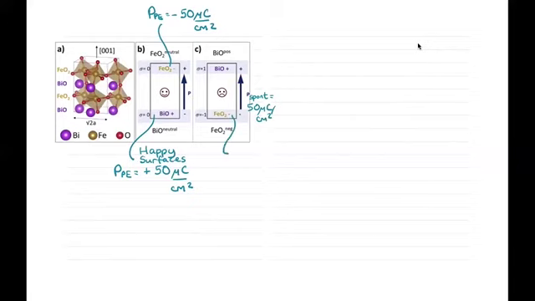And so the surface charge on the FeO2 surface is now minus 100 microcoulombs per square centimeter, and on the bismuth oxygen surface, it's plus 100 microcoulombs per square centimeter. So the ferroelectric polarization in this unhappy situation combines to make the surfaces doubly electrostatically unstable.